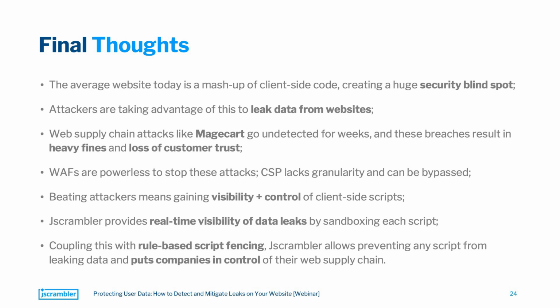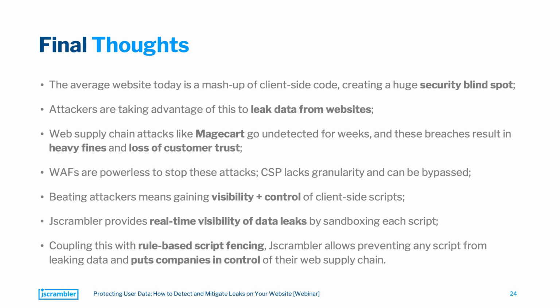So the solution to these attacks is definitely not using a WAF, because WAFs don't deal with client-side attacks. And as we saw, CSP-based approaches are also not the answer, because they don't provide the needed granularity and flexibility it takes to mitigate attacks, and they can be most of the time easily bypassable. So the two key ingredients here are visibility and control of client-side scripts.